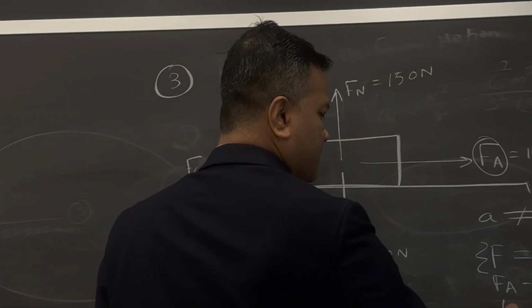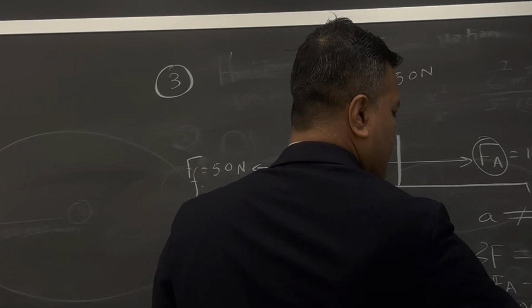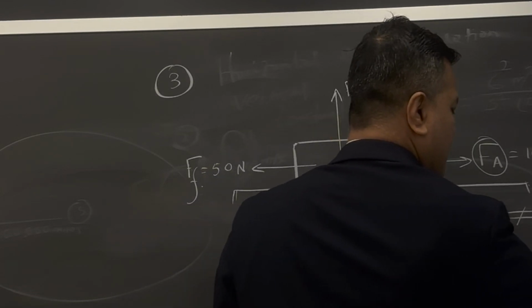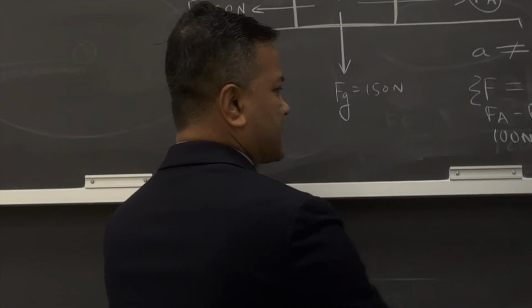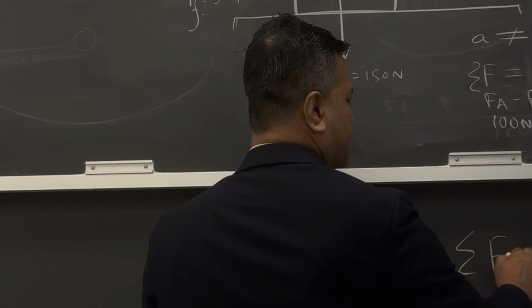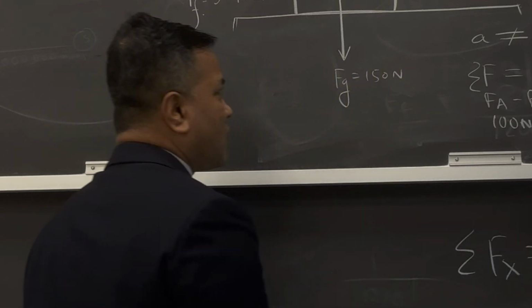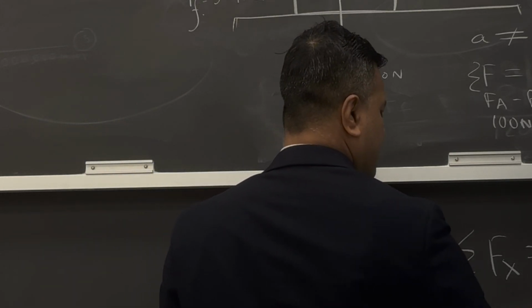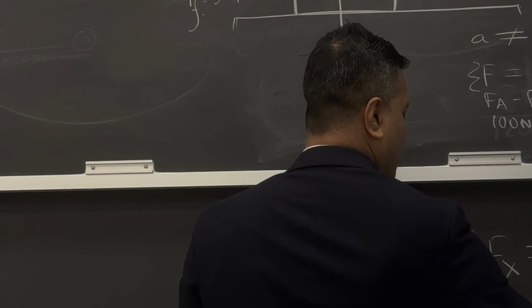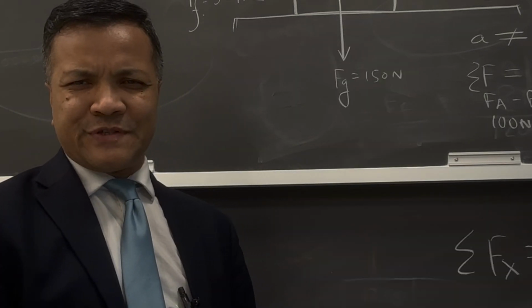So 100 Newton minus 50 Newton is equal to the net force to the right. As you see, net force to the right is 50 Newton. So the box is accelerating to the right. How much? Acceleration is net force over mass. This is an example of Newton's second law.